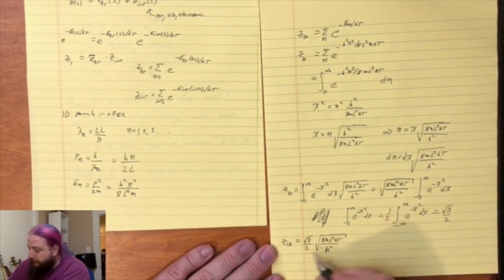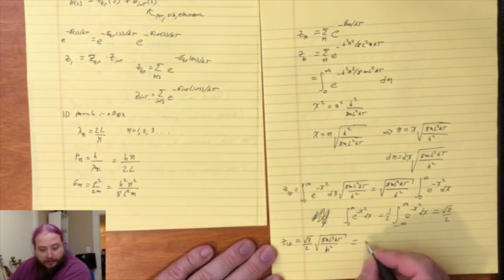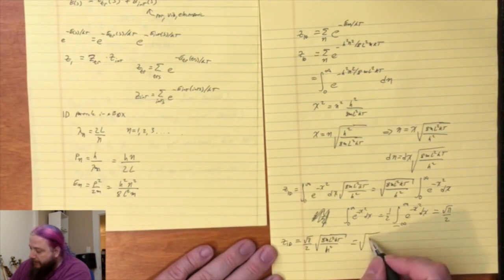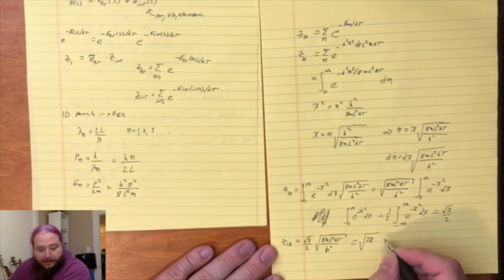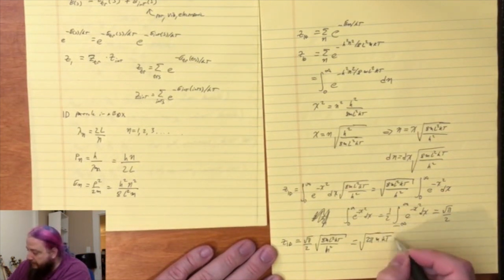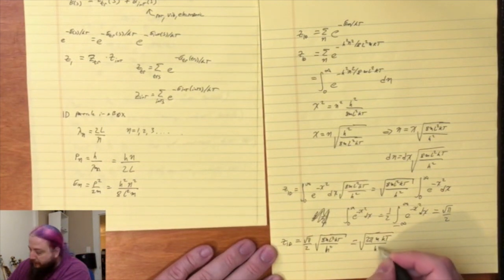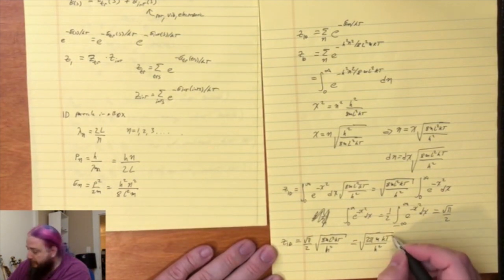We could pull 4 from the 8 to make a 2 out here, which will cancel with this 2, and that's going to give us just a 2 in the radical, and we'll pull the pi back into the radical, so that gives us 2 pi mkT over h squared, and we'll pull out the L factor.